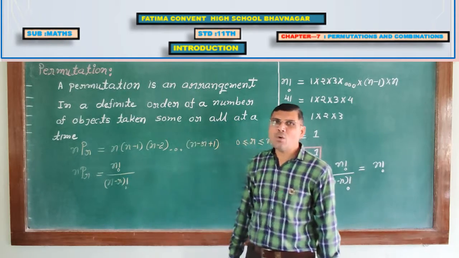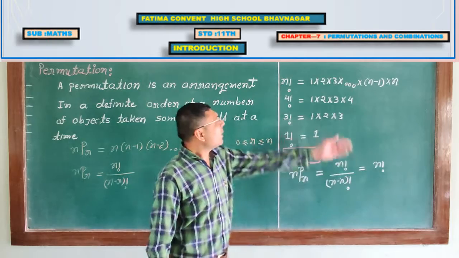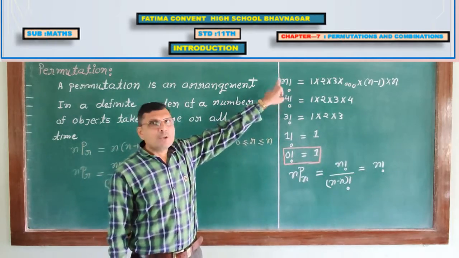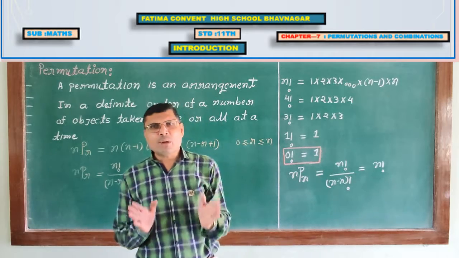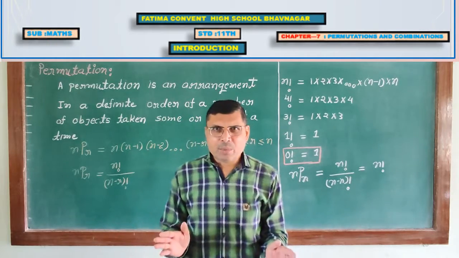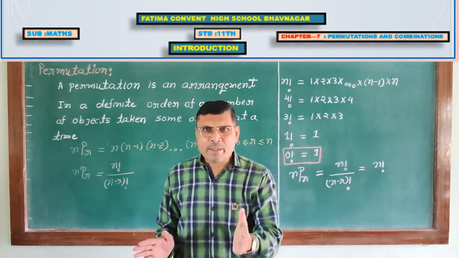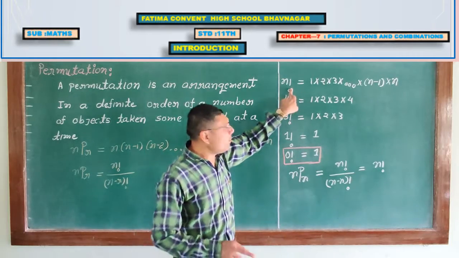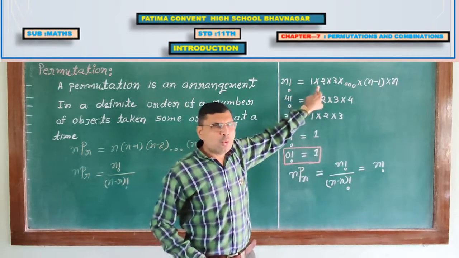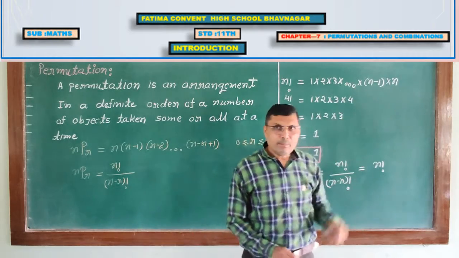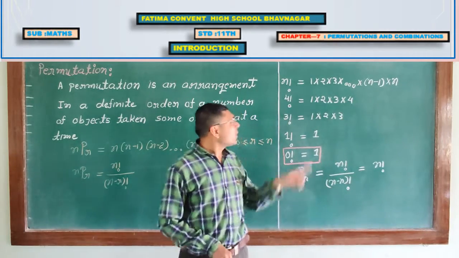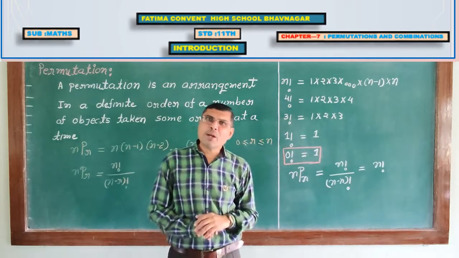Now what is the meaning of factorial? That I am explaining over here. The meaning of n factorial is multiplication of numbers up to n starting from 1. Say n factorial means 1 into 2 into 3 up to n. Suppose I have 4 factorial.